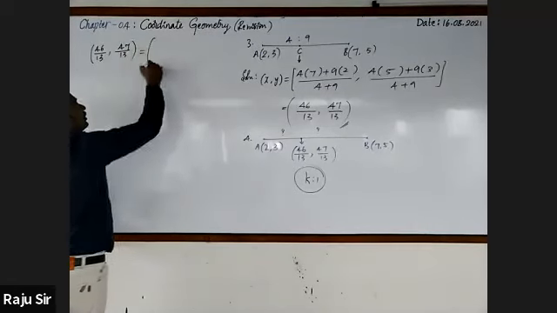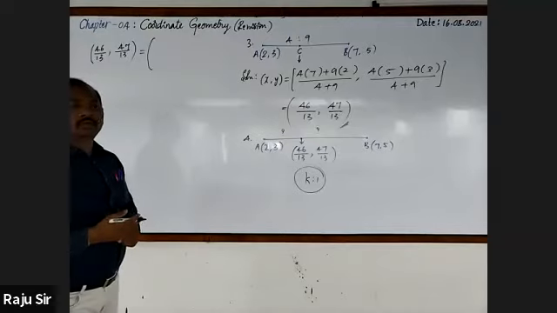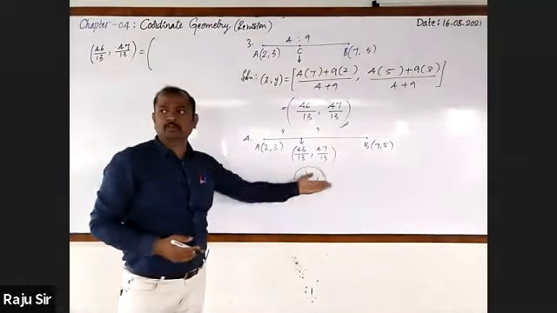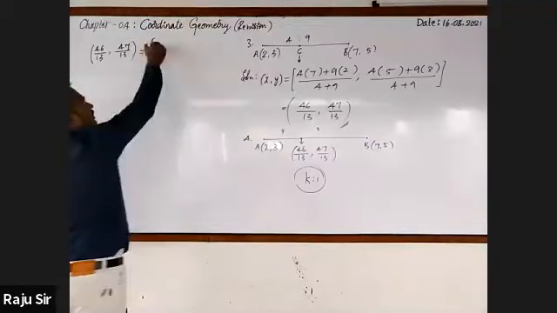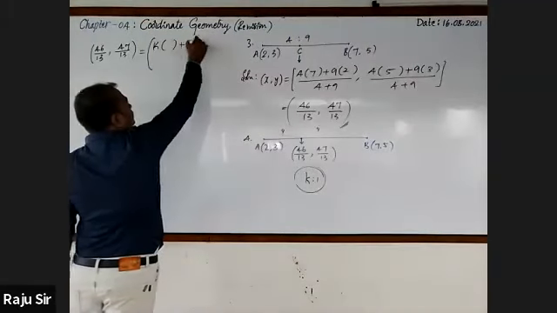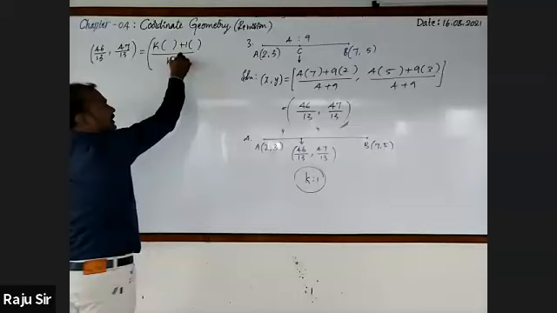It's equal to m1 and m2. m1 is K, m2 is 1. Substitute (K into x2 plus 1 into x1) by (K plus 1).